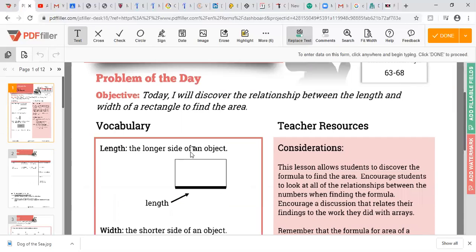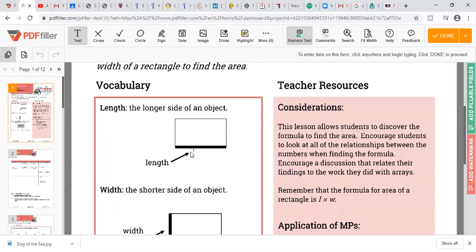We're going to do that by looking at rectangles and a few vocabulary words that we're going to be using today.